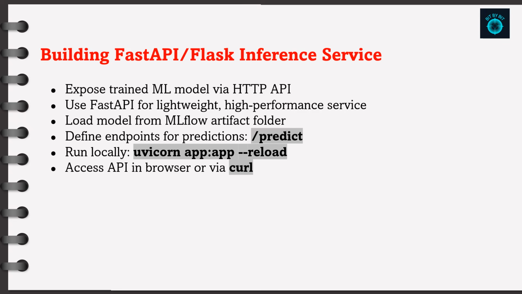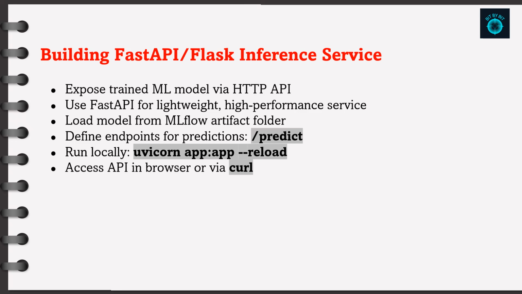Load the model you saved earlier, either from a file or from the MLflow artifact folder. Define an API endpoint, for example, /predict. Clients send input data in JSON format. Inside the endpoint, call the model's predict method with the input data. Return the prediction as JSON.